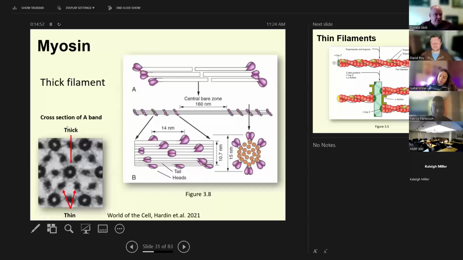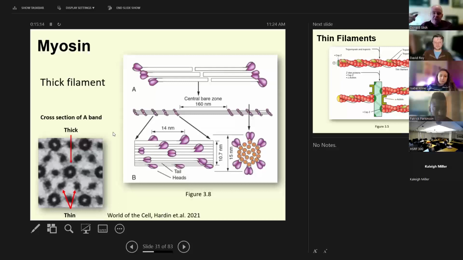And that's important. If you look over this side, this is an electron micrographic picture of it. Your thick filament is in the center, and it interacts with 6 different thin filaments. So each thick filament interacts with 6 thin filaments. Each thin filament interacts with 2 thick filaments. You can see that there.